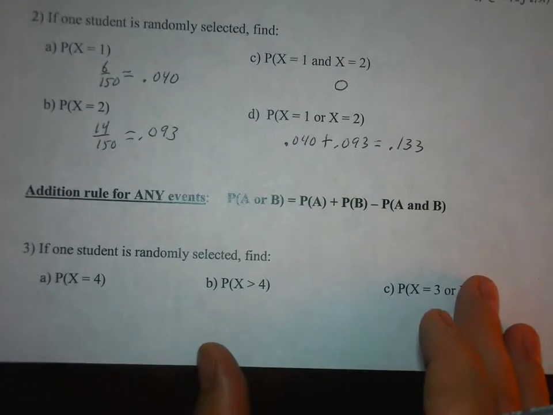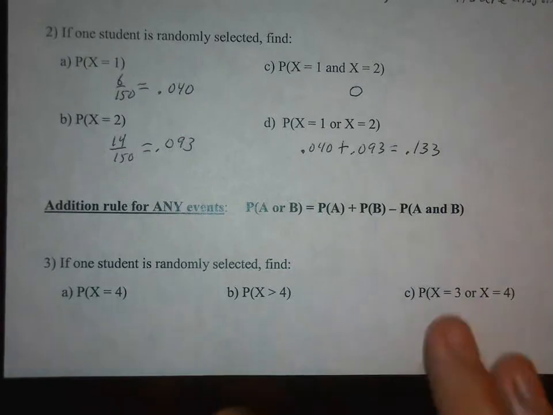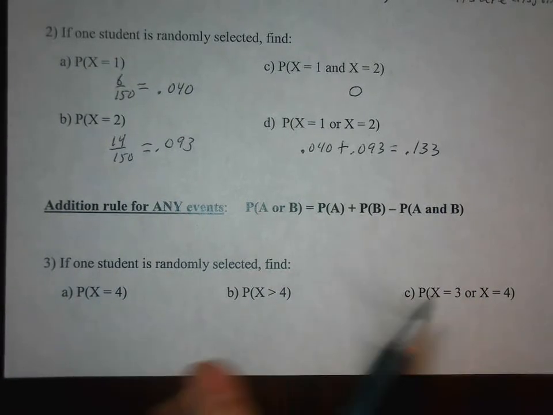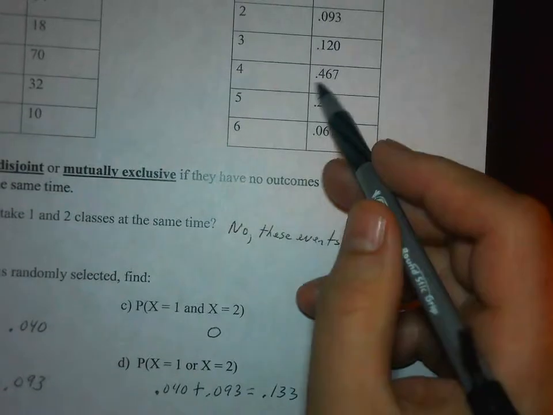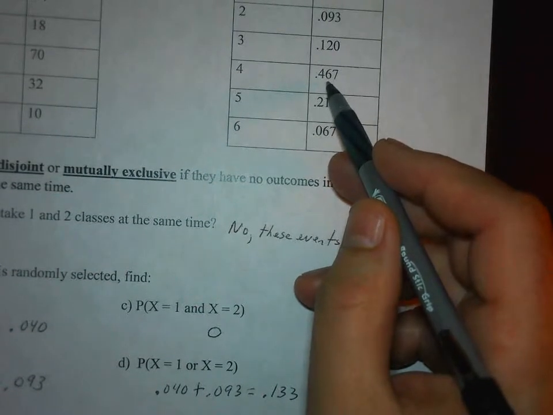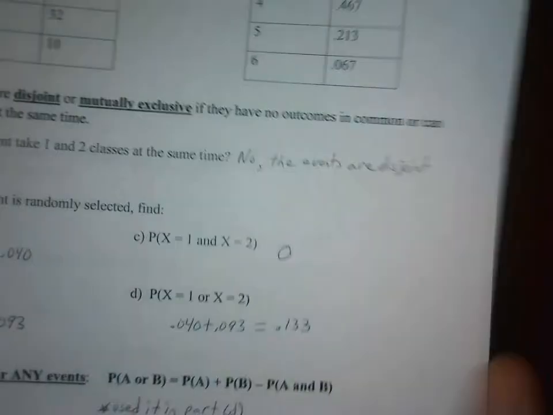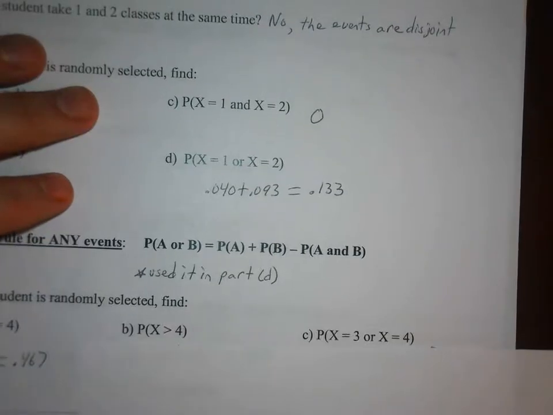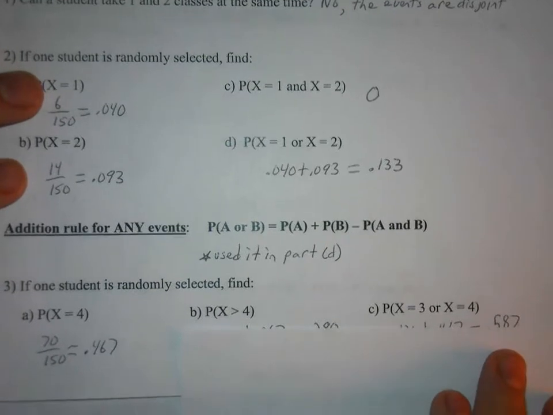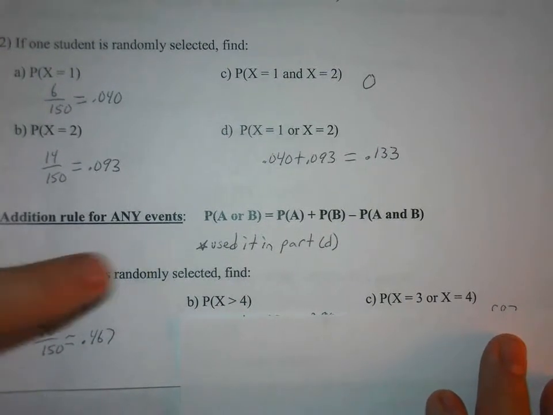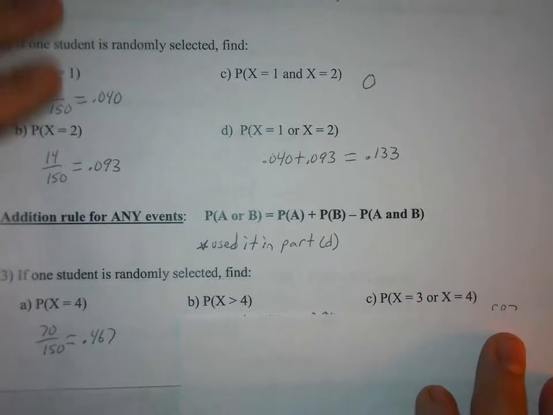Okay, so the last couple examples here. If you select one student, the probability that x equals 4. If you go back up, x equals 4 is 0.467. And then the probability that x is greater than 4. Well, greater than 4 is 5 or 6.